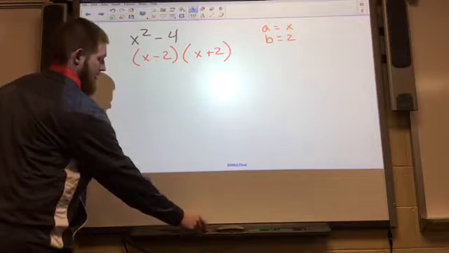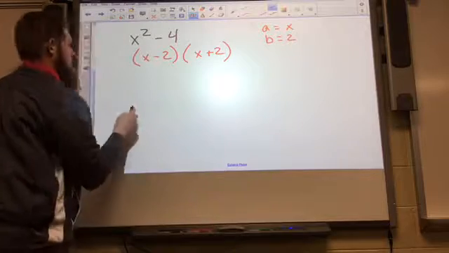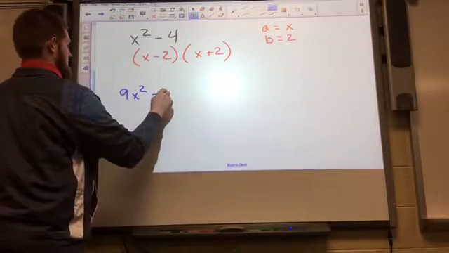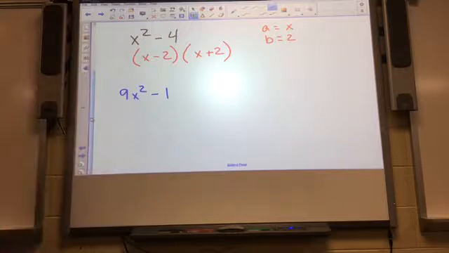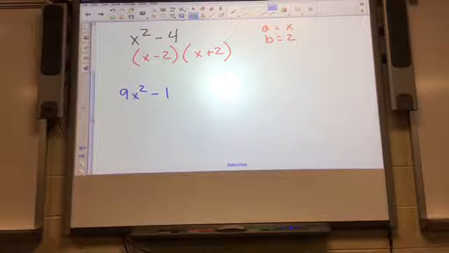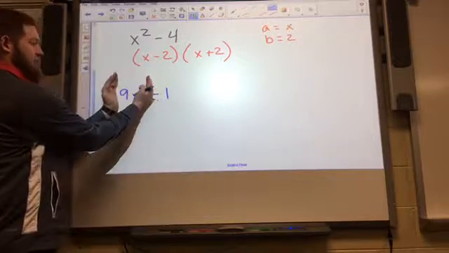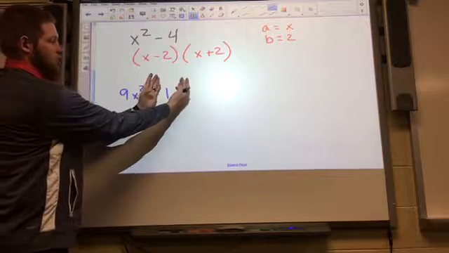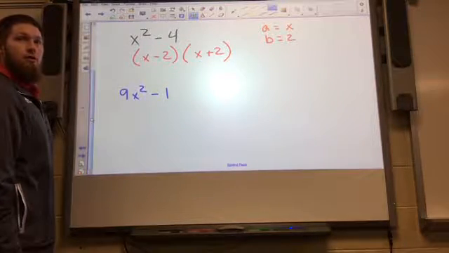You also had one yesterday that looked something like this maybe. Is that a difference of two squares? Is 9 a perfect square? Is x squared a perfect square? Yeah, so that means that whole thing's a perfect square, right? Difference, since we're subtracting. Is 1 a perfect square?